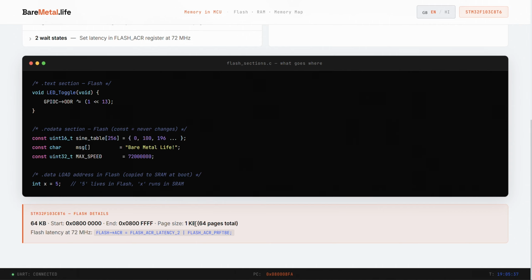That gives us 64 KB total, which splits into 64 pages of 1 KB each. Well, remember this. When you want to erase, you erase one full page. That's 1 KB minimum. You cannot go smaller than that. Also, different MCUs might have different flash starting addresses.